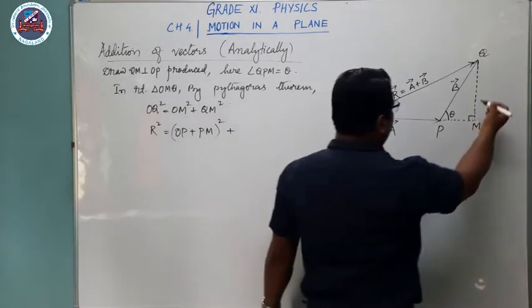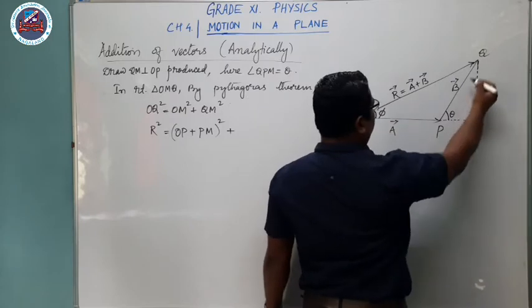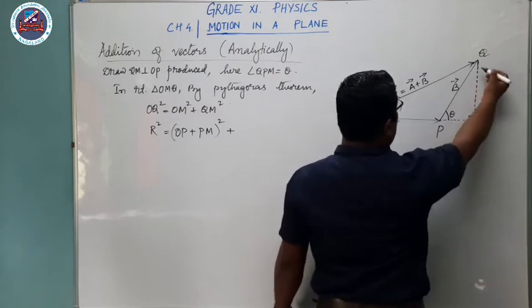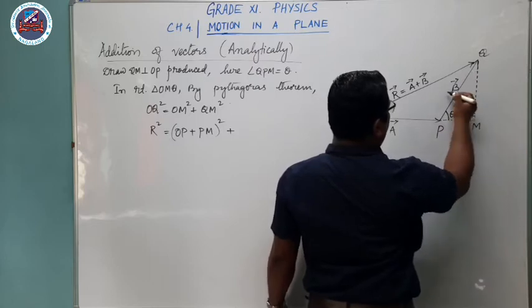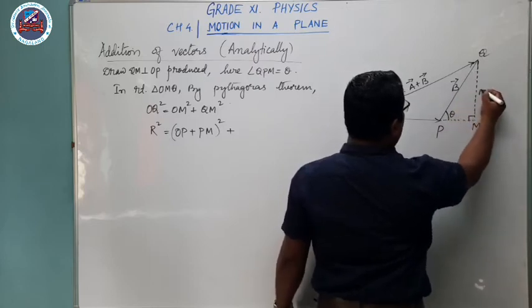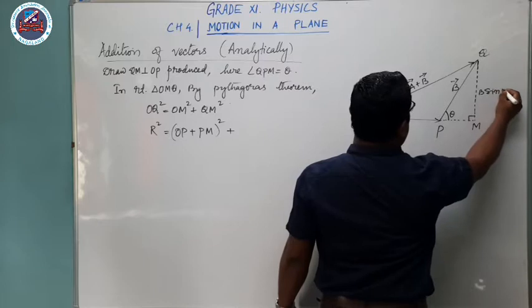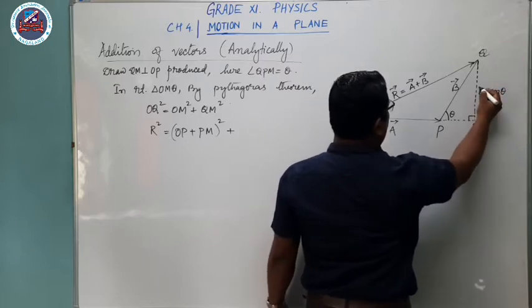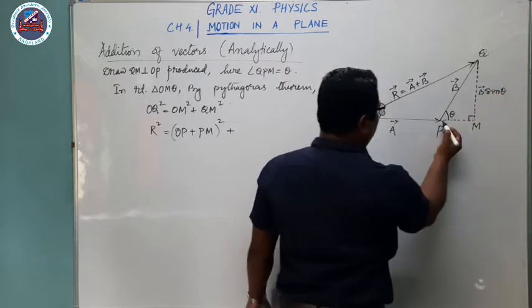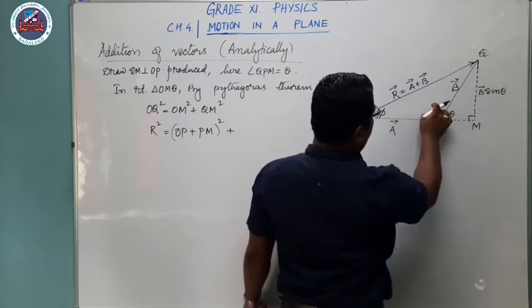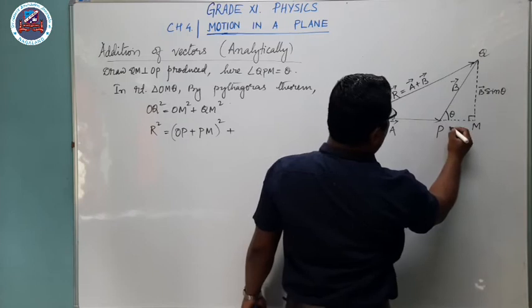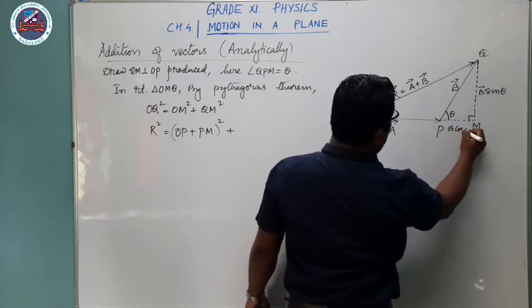What is QM? If you use your trigonometry here, this is perpendicular, this is hypotenuse. Perpendicular by hypotenuse is sine, so it will be B sine theta. And PM here is base by hypotenuse, so it will be B cos theta.